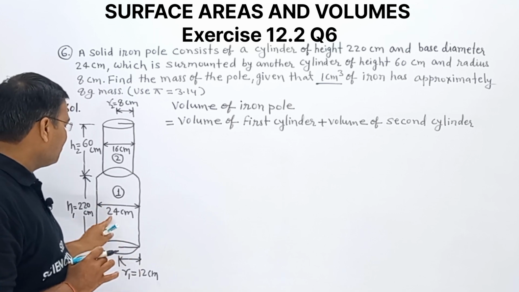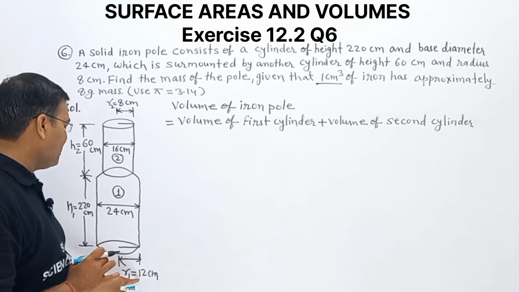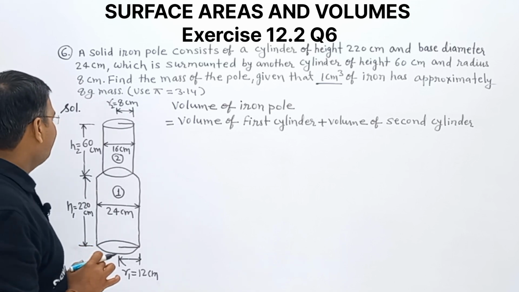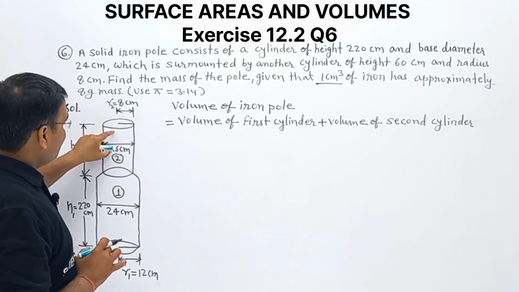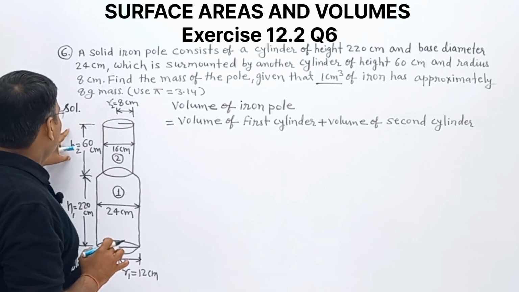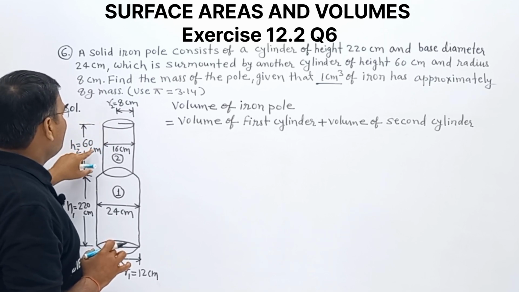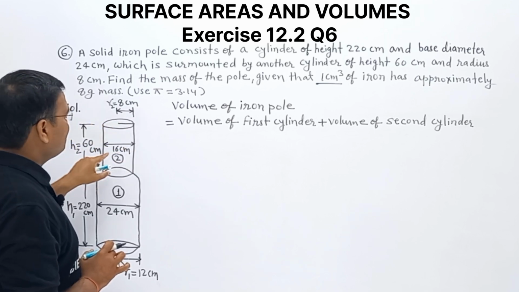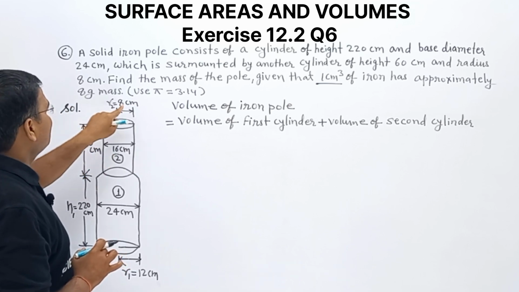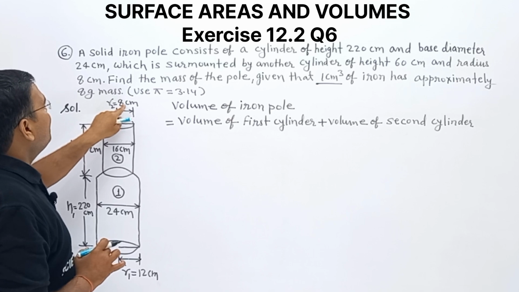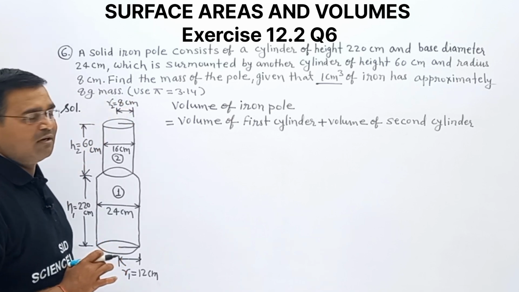So r1 equal to 24 by 2, then we are getting 12 centimeter. Clear? We are surmounting this one. So its height h2 equal to 60 centimeter, and its radius r2 equal to 8 centimeter.